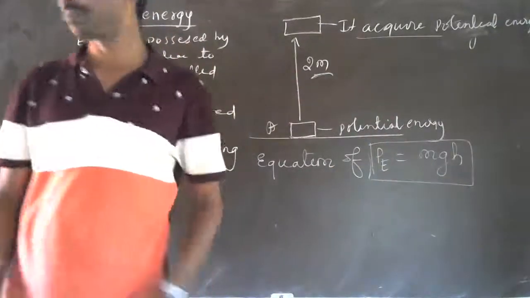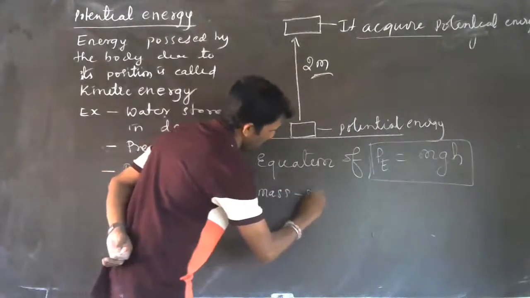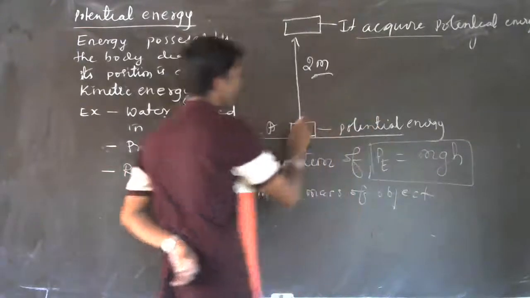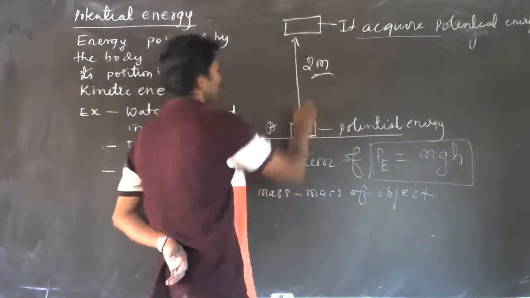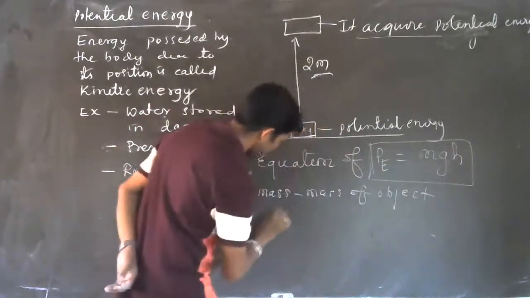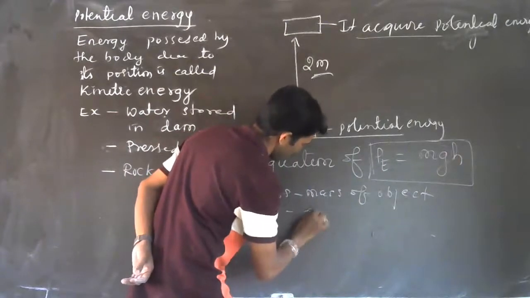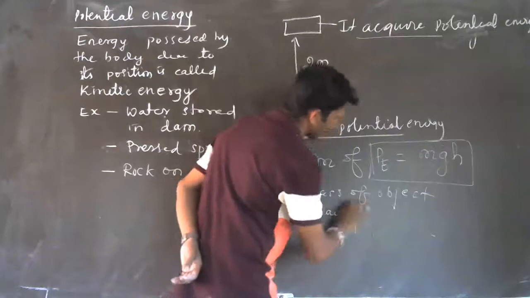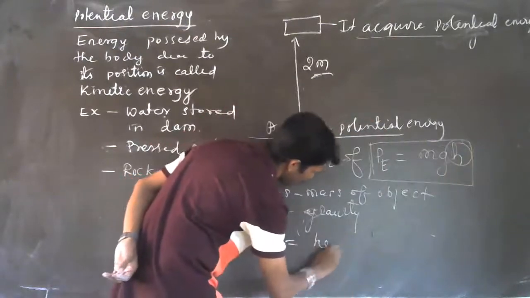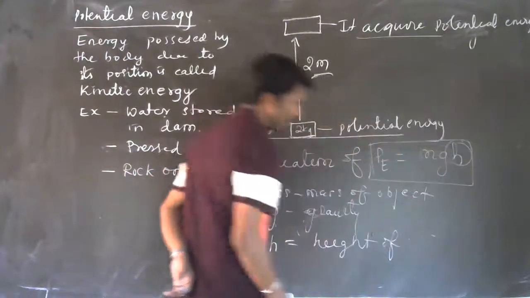Here m tells about the mass of the object. g tells about the acceleration due to gravity, and h tells about the height of the object, or the height at which the object is lifted.